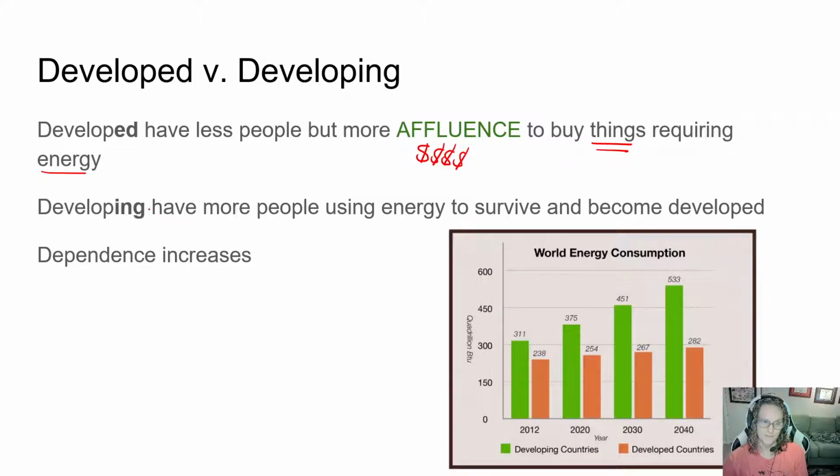The developing countries have a lot of people that need the energy to survive and become developed. So they're also using a lot of energy. And our dependence on energy is ever increasing, no matter where people live in the world. If they're a developing country, they're depending on energy. And if we're in the developed countries, we're dependent on energy.